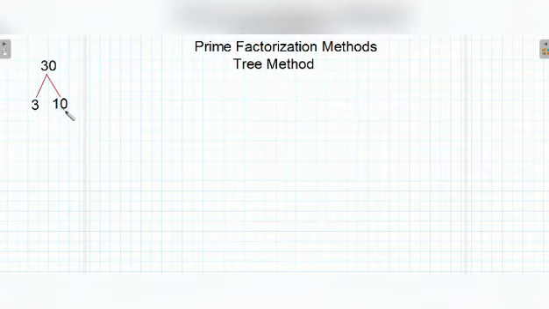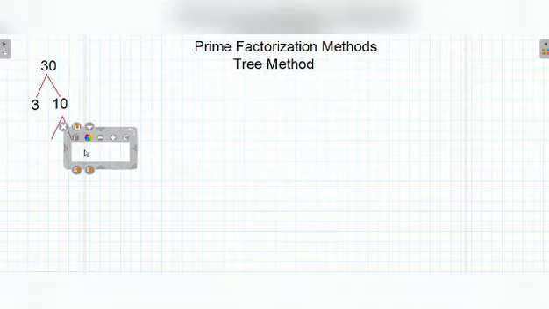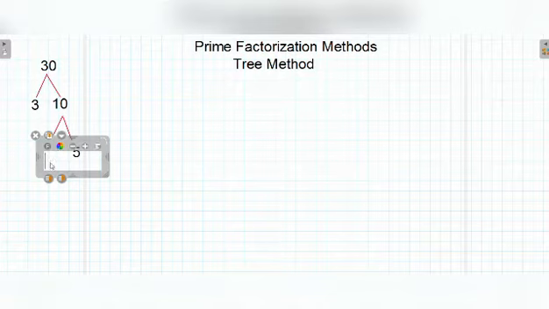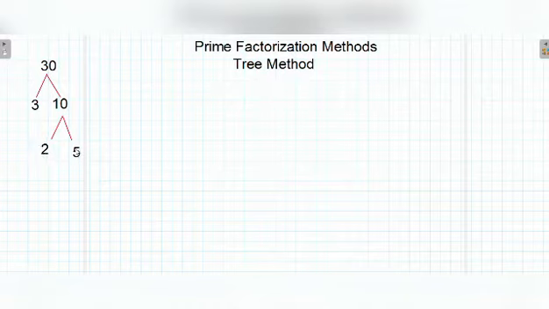So we have to factorize 10 more, to get the two numbers which, if you multiply them by each other, you will get 10. So 5 and 2. So 5 and 2 are prime numbers.